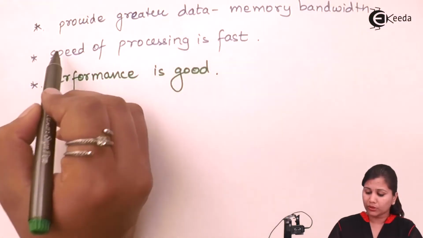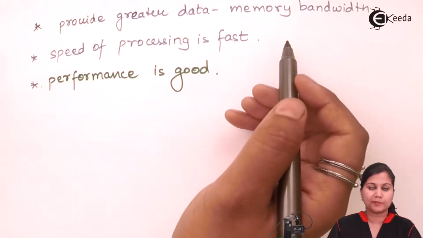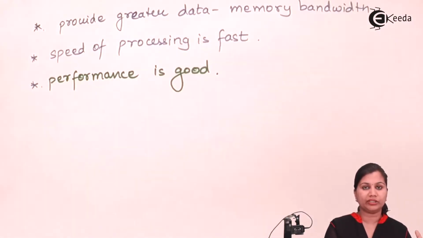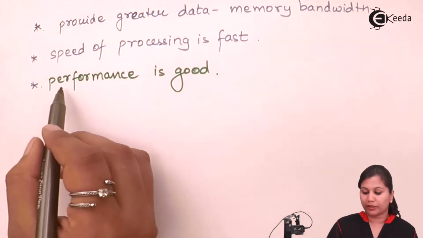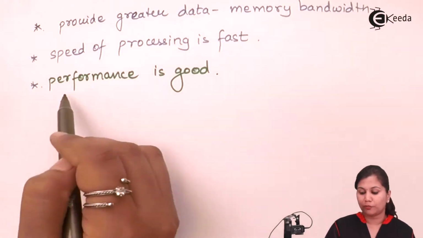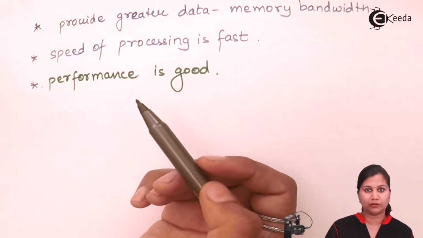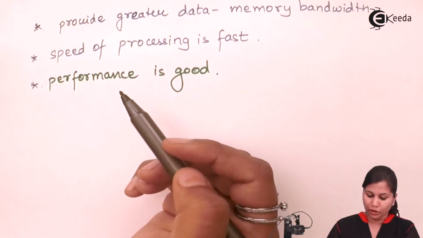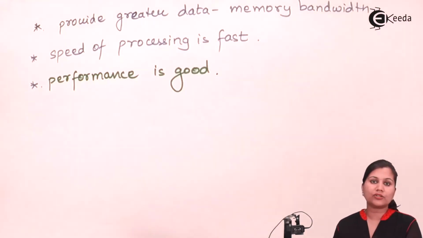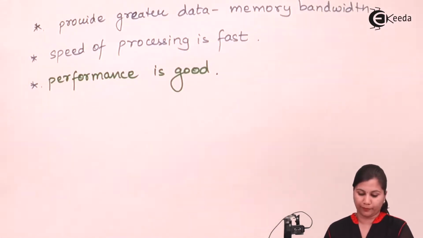Also, speed of processing is fast because the operations related to data and the operations related to instructions can be done at the same time. Means data operation and instruction execution can be done at the same time because there are separate buses for them. Also, because speed of processing is fast, performance of the system is improved. So these are the advantages of the Harvard architecture.